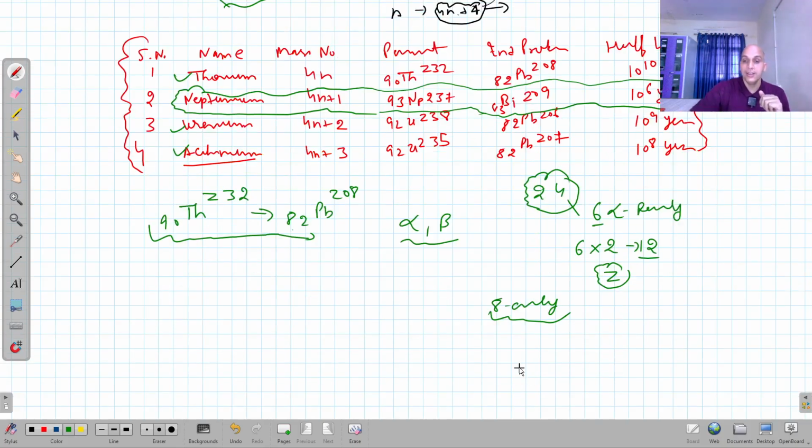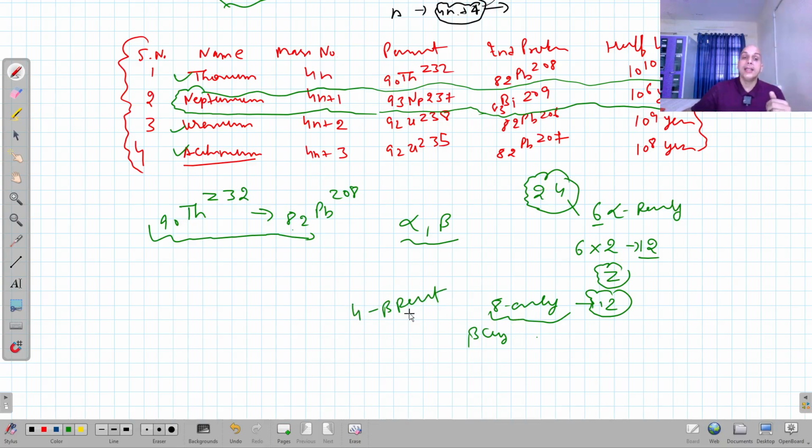They can adjust. 8 can be converted into 12 simply by beta decay, right? So beta decay will either decrease or increase the atomic number. So here it will decrease, and we will have 4 beta particles.